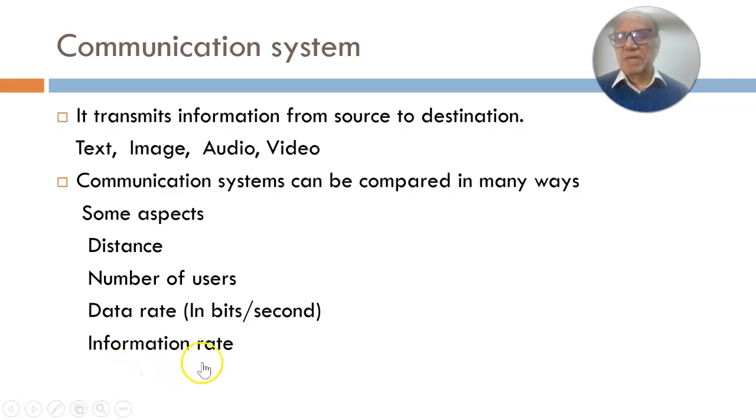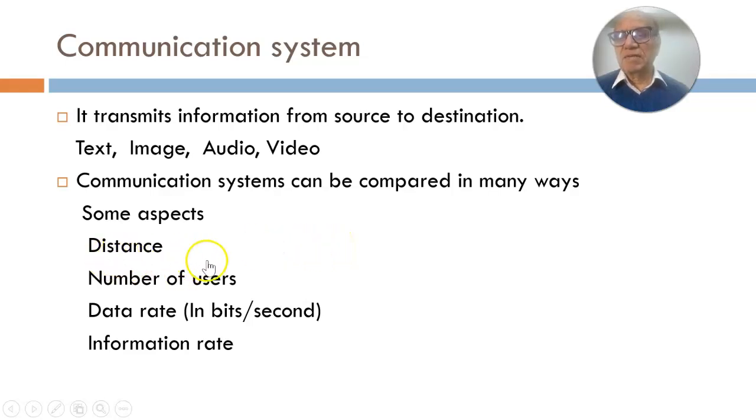And finally, information rate, the rate at which the information is sent. Note that the data rate is not in general the same as the information rate, and we'll point out the difference in this introduction. Alright, so as we said, these are some of the aspects which will enable you to compare different communication systems.